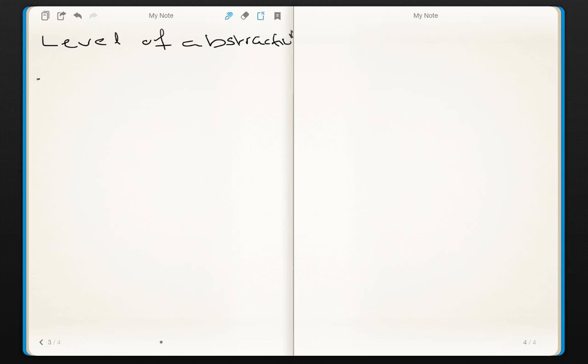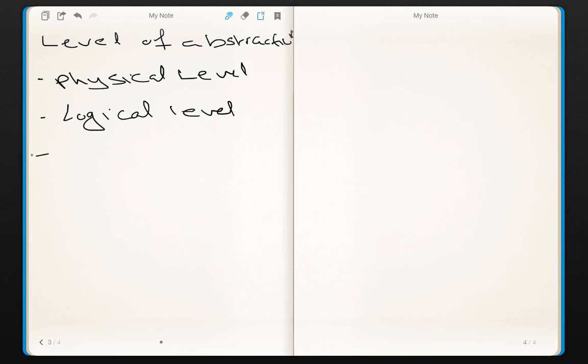We have the physical level, we also have the logical level, and we also have the view level.